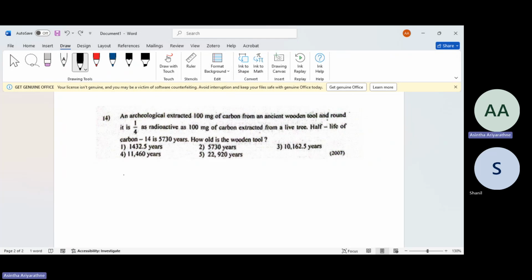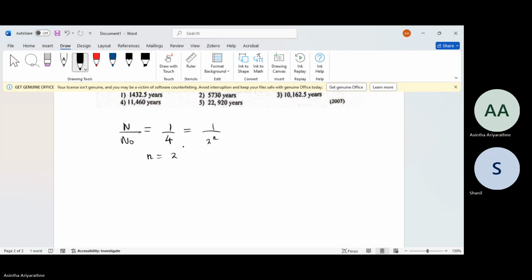So they are given this: N over N naught is equal to 1/4. Right, N over N naught is 1/4, which we know is 1 over 2 to the power n. So n is 2, right? In order to have 4, n should be 2. N means the number of half-lives.